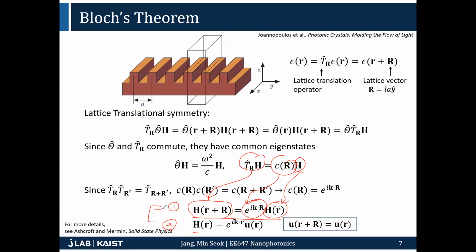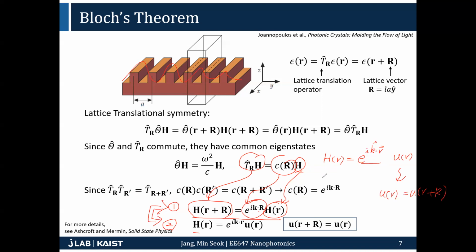They are equivalent. The second form says that your solution in the periodic potential profile must be the product of e to the i k dot r times u(r), but this u(r) should be periodic.